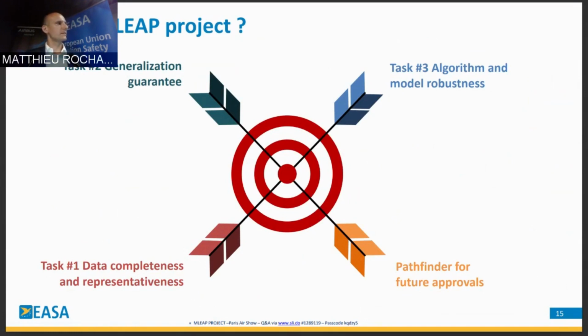And we've designed the project so that we can assess various methods or tools that can help us boost generalization and hopefully find some ways to quantify the generalization guarantee. The third task has to do with algorithm and model robustness. What we wanted to do there is first to define this concept of robustness well. At this stage, in the AI domain, standardization is ongoing.